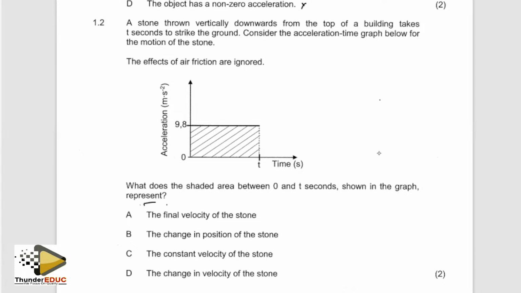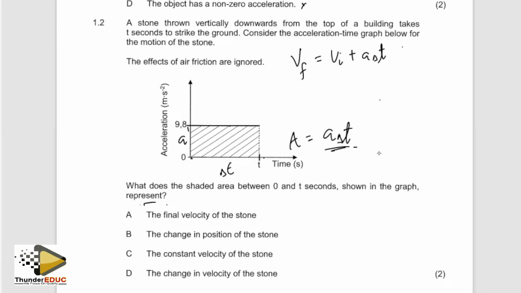What we know, we can use the first equation of motion, where Vf is equal to Vi plus a delta t. Now, when you talk about the area under the graph, this is the acceleration, and this side is the change in time. The shape is a rectangle, which means the area is just a delta t.